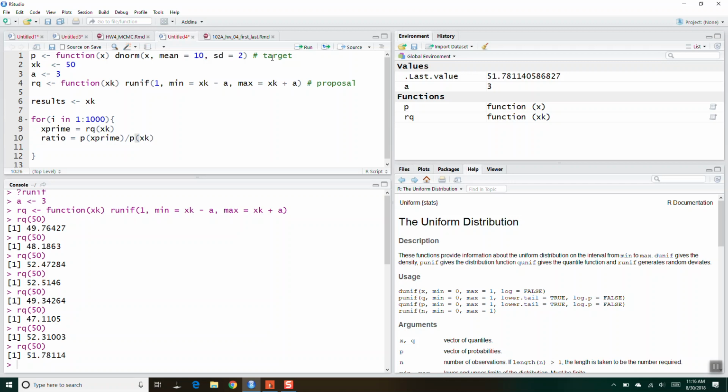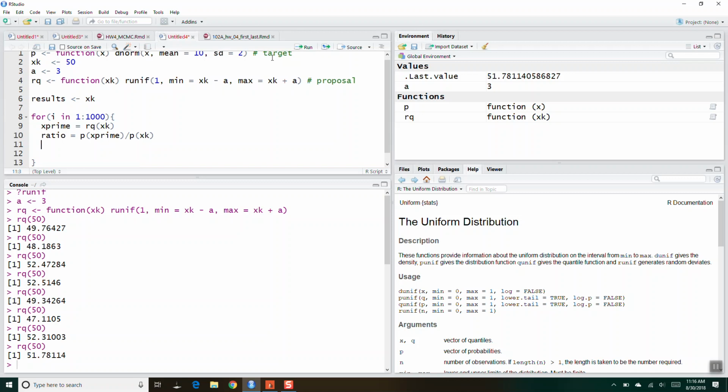All right. And then this ratio will be either greater than 1 or less than 1. Technically it should be the min between 1 and whatever this number is. But I can also just do, are we going to accept this? U will be a random uniform value from 0 to 1.